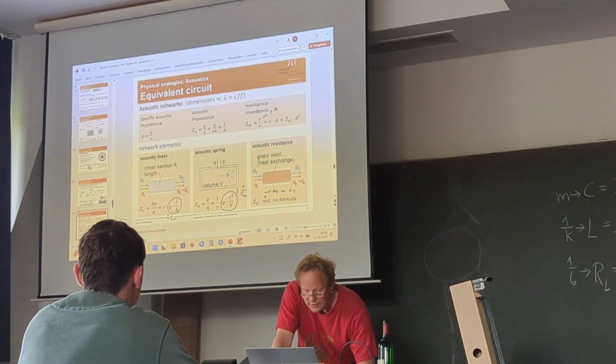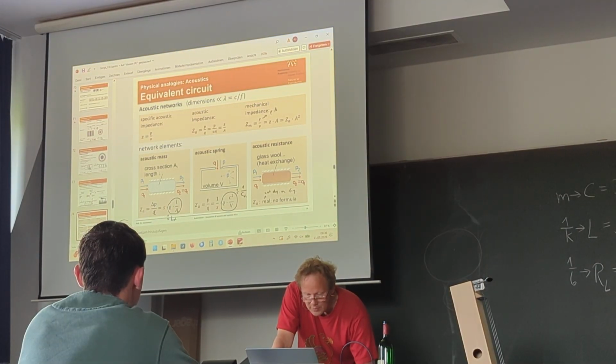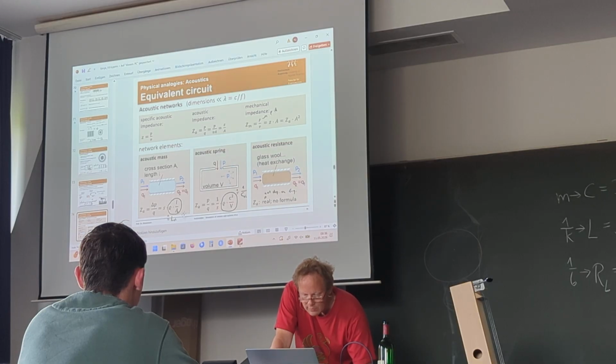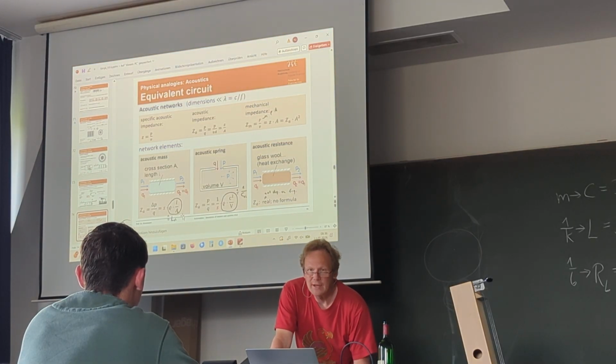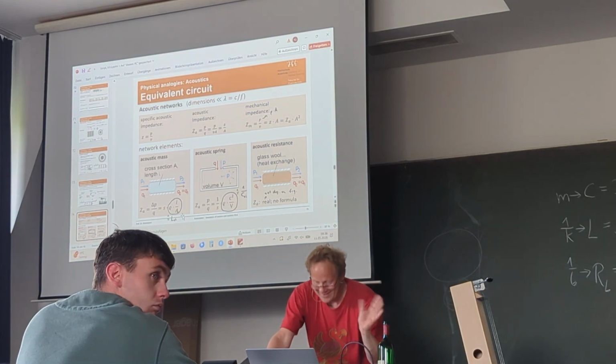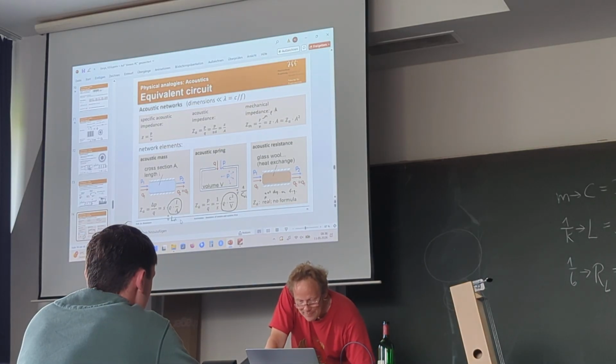I just wrote down this formula, and we just said, okay, these mechanical values here, they correspond to an inductivity, but well, where does it come from? We could at least try to understand them.